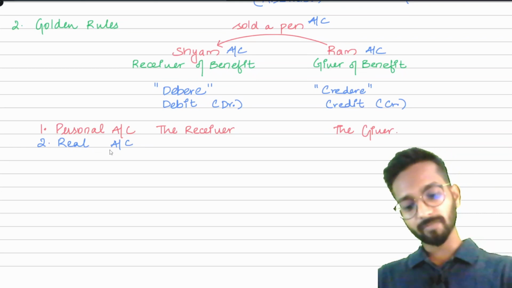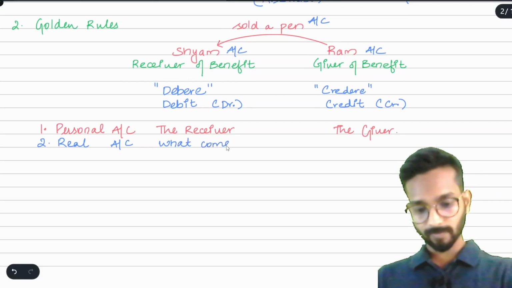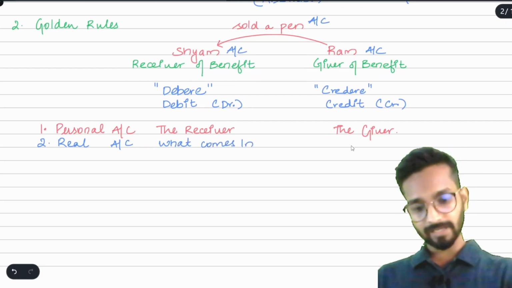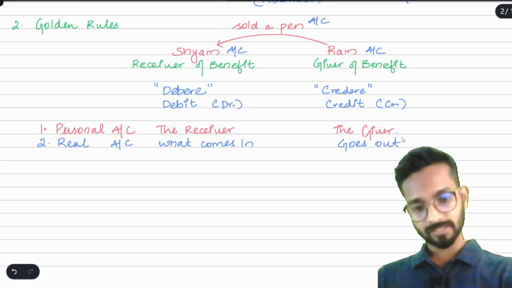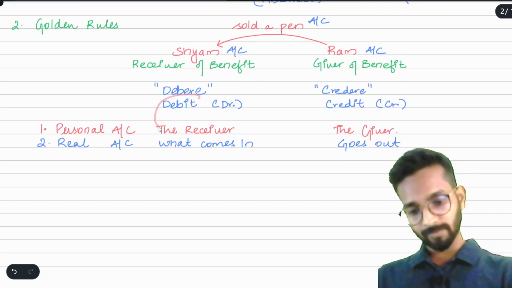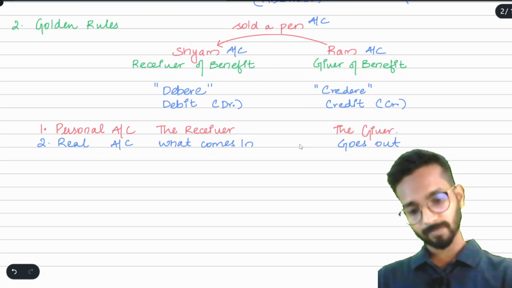So the rule became, for real account, debit what comes in and credit what goes out. Understand this? Debit the receiver, credit the giver, then debit what comes in and credit what goes out. Simple enough.